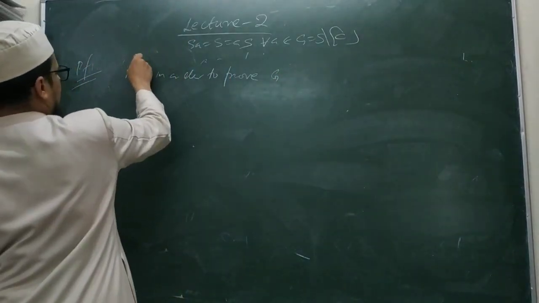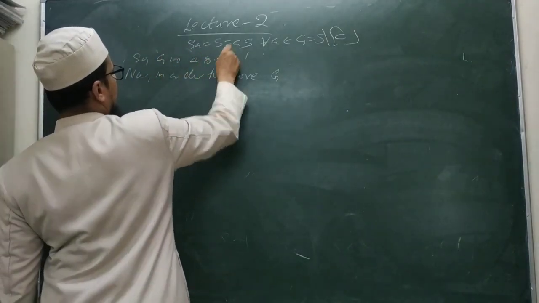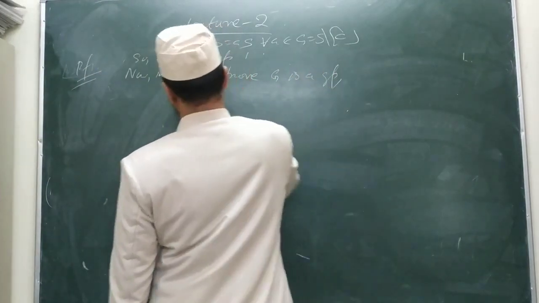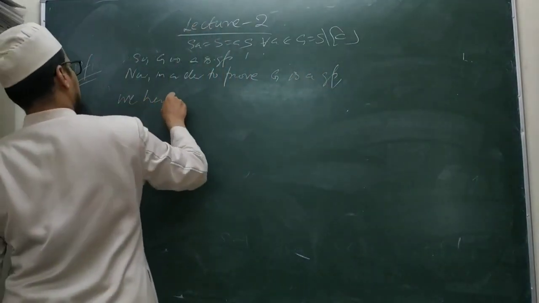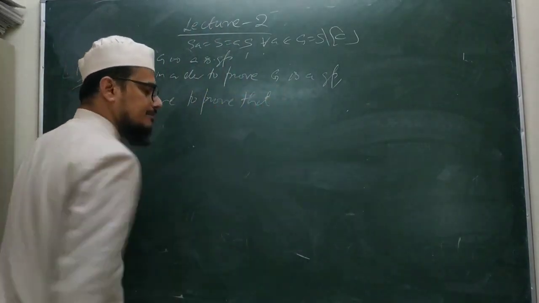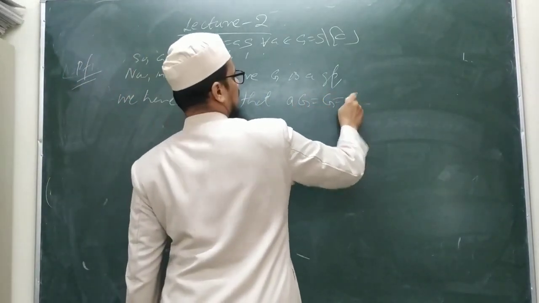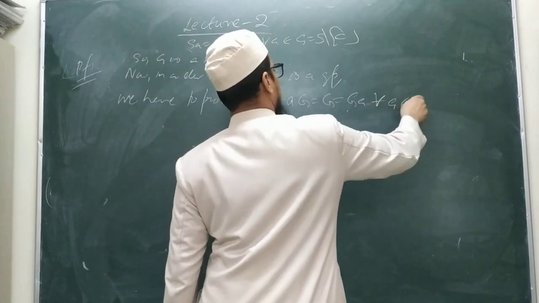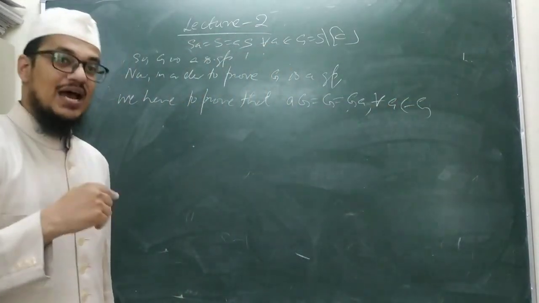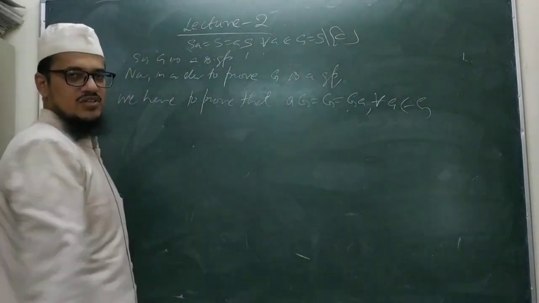So G is a semigroup. Now in order to prove G is a group, we have to prove that AG is equal to G is equal to GA for every A belongs to G. Correct? So this is the alternative condition which I left as an assignment for you. So if we prove this, then this is a group.